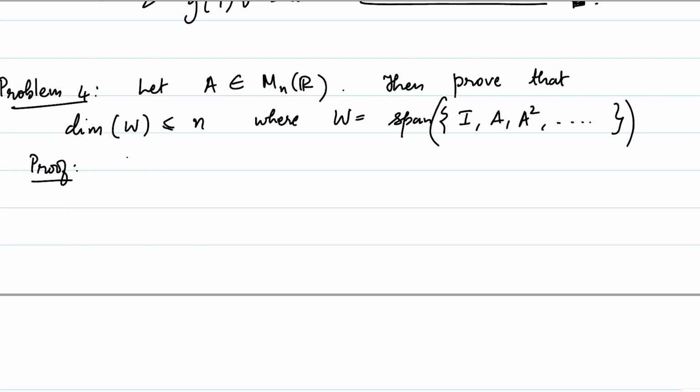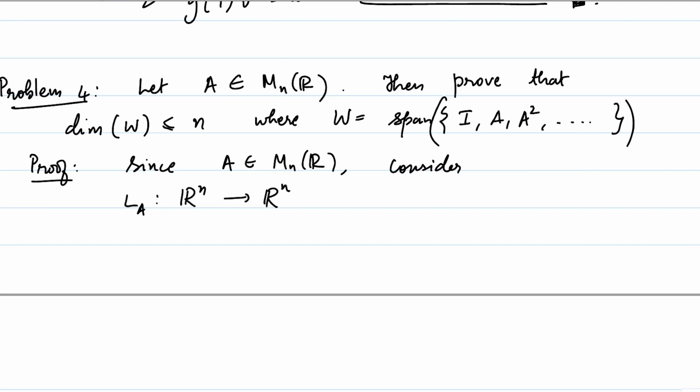Notice that an n cross n matrix can be thought of as a linear transformation from Rn to itself. Since A belongs to Mn of R, consider LA from Rn to itself, where Rn is an n-dimensional space.